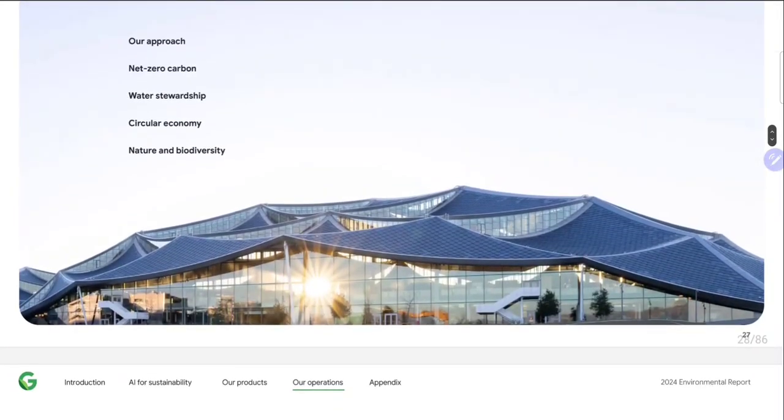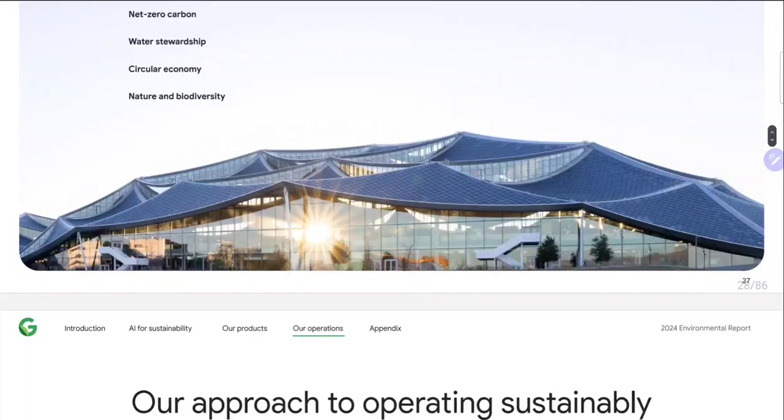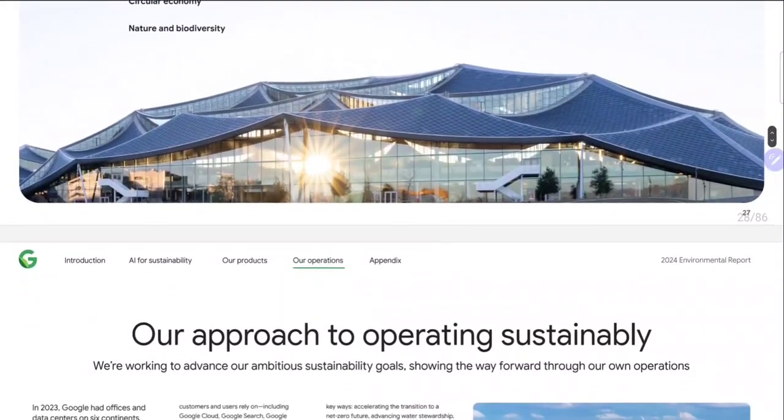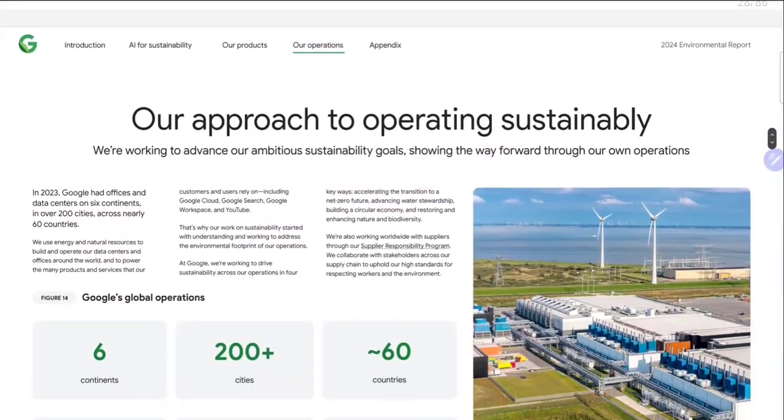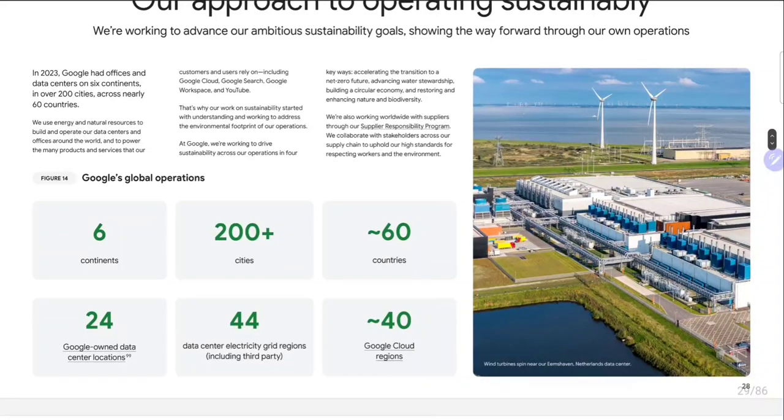Now for operations, what is the approach? Net zero carbon, water stewardship, circular economy, nature and biodiversity. We see these materiality topics. In this, there is a certain figure. If you see here, 6 continents for the company's global operations, 200 plus cities, 60 countries, 40 Google Cloud regions, 44 data center electricity grid regions, and 24 Google owned central locations also.